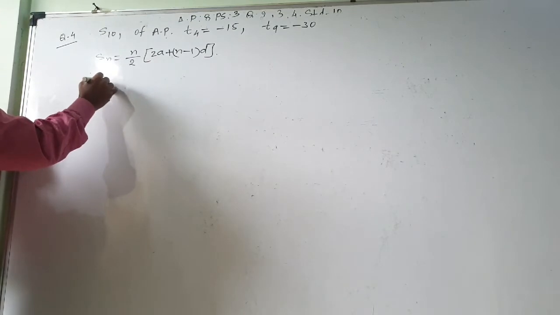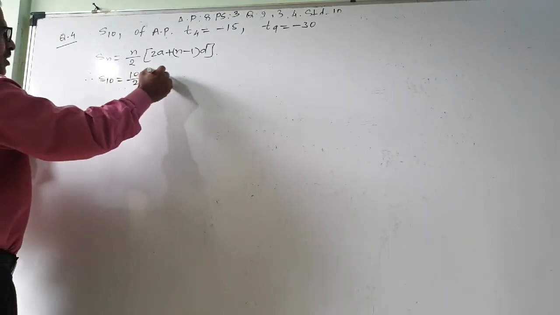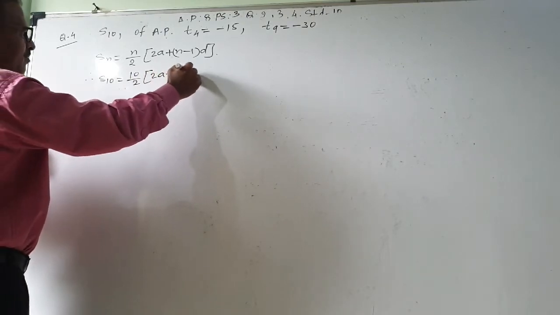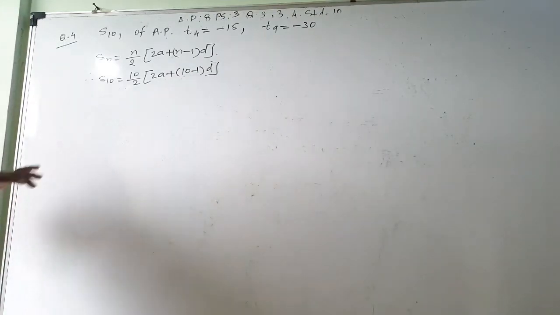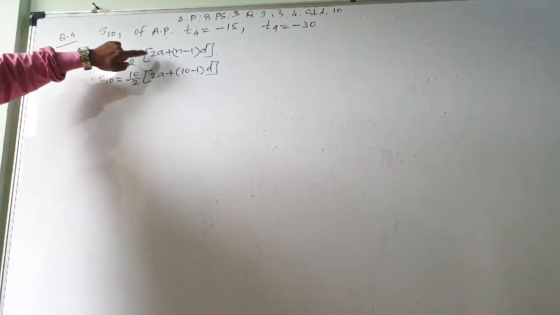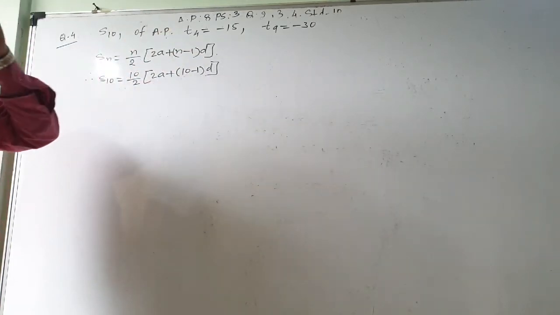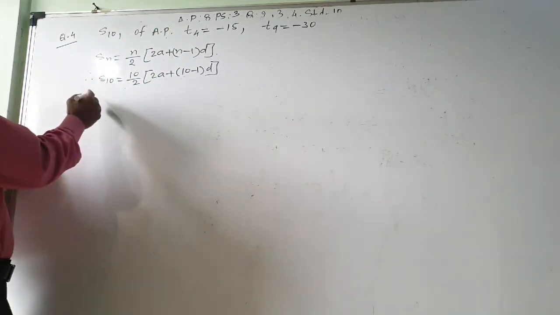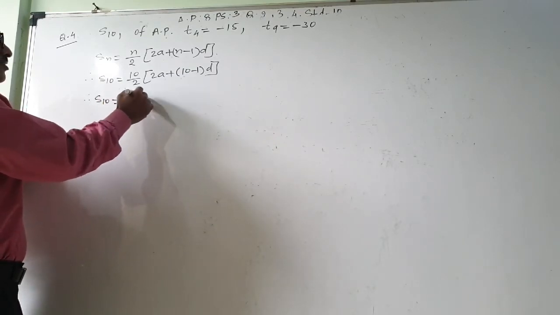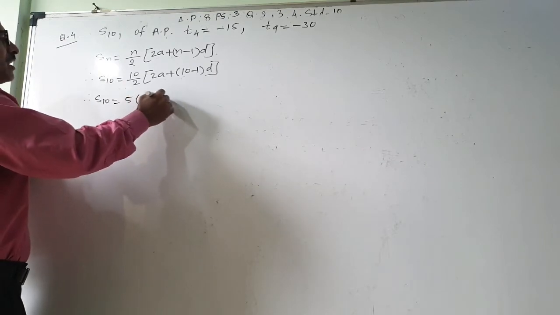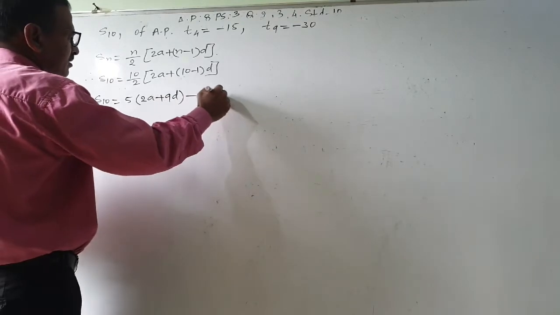Therefore, S10 equal to 10 upon 2 into 2a plus 10 minus 1 into d. First of all, always remember this. Let first term equal to a and common difference equal to d. From this you have to begin the question. Therefore, S10 equal to 5 into bracket 2a plus 9d. This is your number 1.